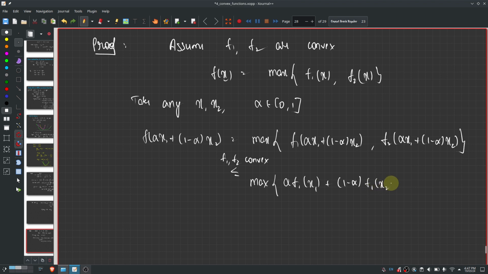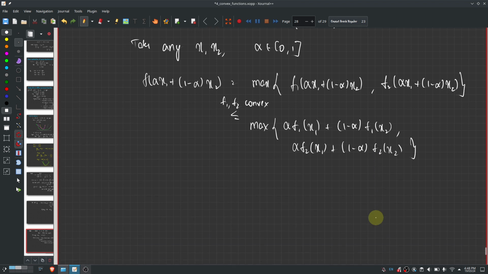Okay. Again, we can interpret each of these geometrically.